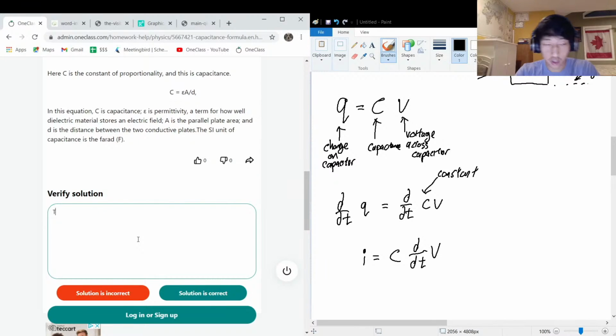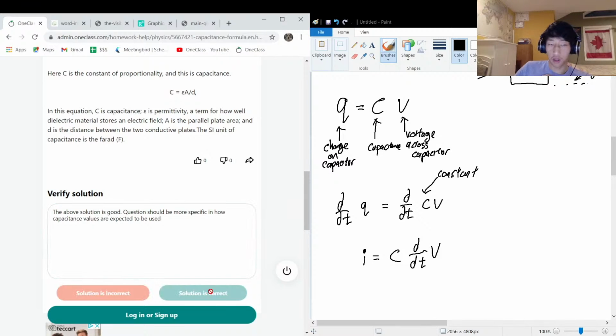So the above solution is good, and the question should be more specific in how capacitance values are expected to be used. Okay, cool.